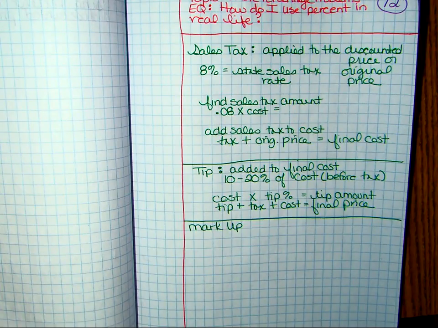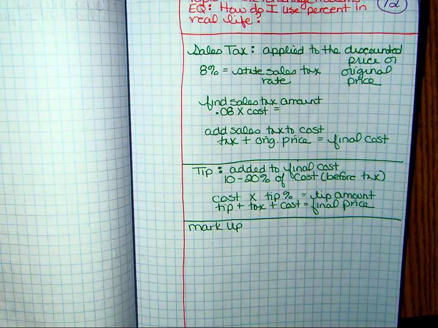Like if you go to Stater Brothers, a candy bar might be 99 cents, but if you go to the factory for Nestle, where you could get the candy bar from the factory, you might actually pay a wholesale price of 20 cents for the candy bar. When you go to Stater Brothers, they mark the price up, and that's where they make their profit.